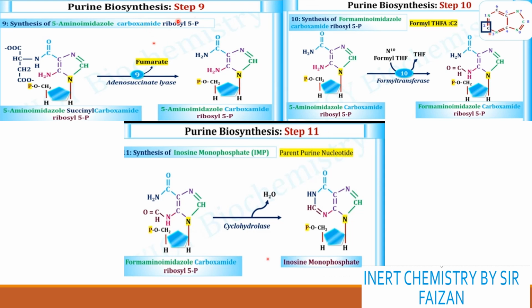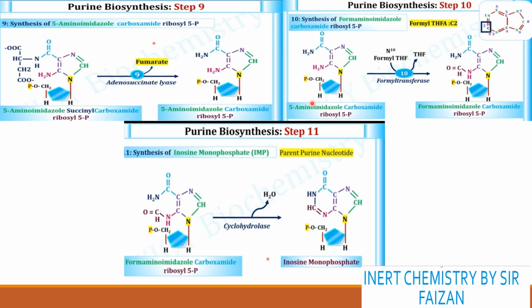In the 9th step, the fumarate molecule is released from this molecule, 5-amino imidazole succinyl carboxamide ribosyl 5-phosphate. Here only NH2 remains, while all the other group is released in the form of fumarate.